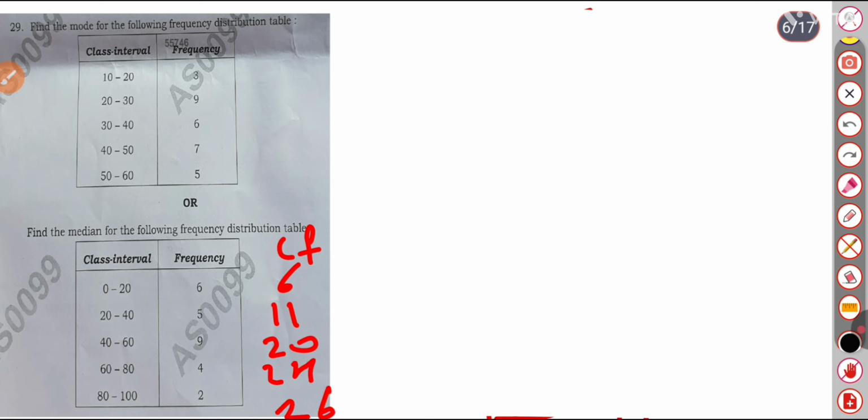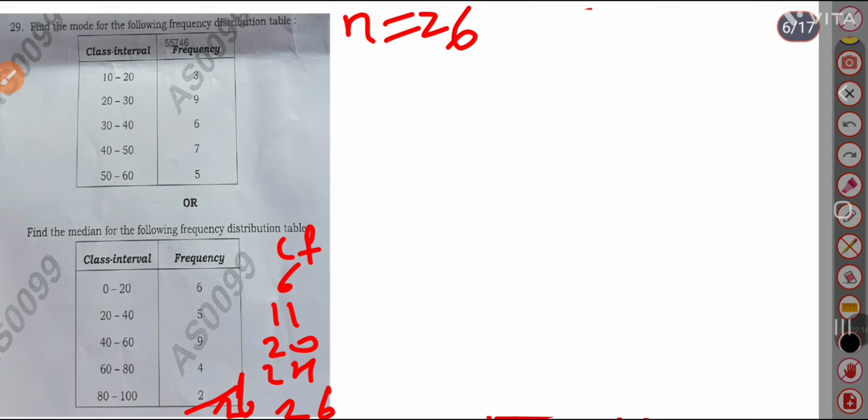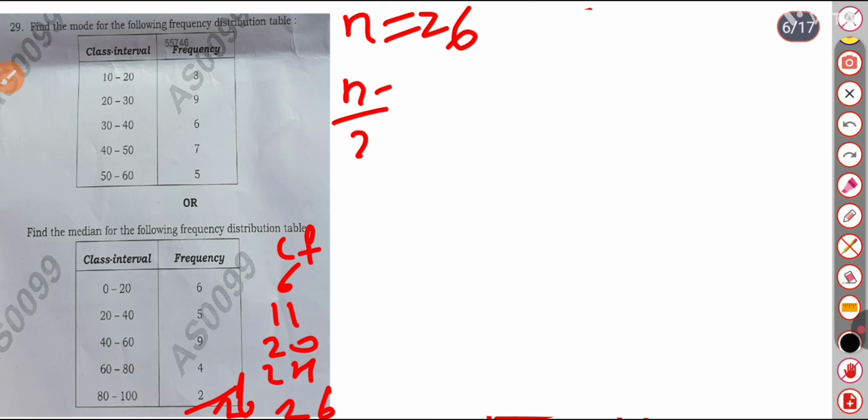Next number is 26. To find the median we have to find the total of the frequency. What is the total of the frequency? Just add, it is 26. So n is equal to 26. We will find n by 2. N by 2 is equal to 26 by 2, that is 13.